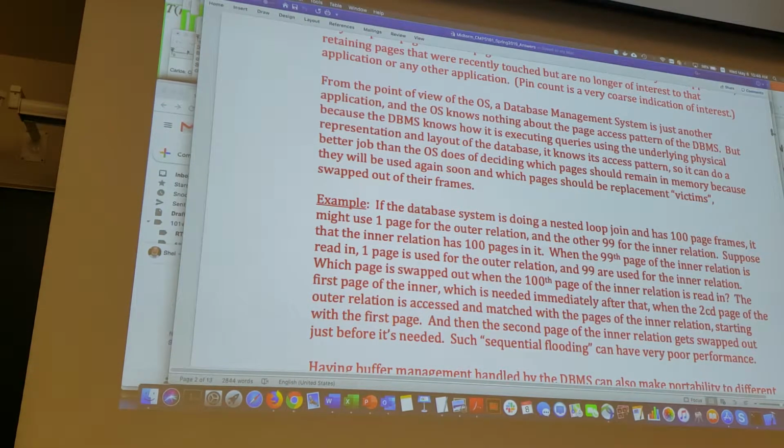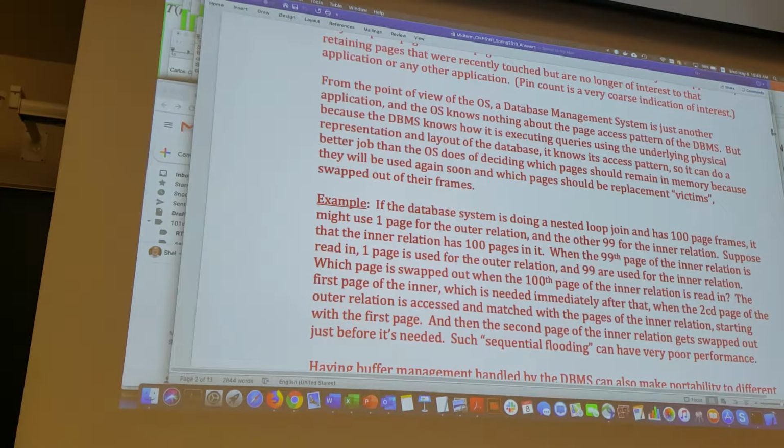If you have a situation with a nested loop join, where, as an example, you have 100 page frames, you have one frame that holds your outer page, you have 99 more pages for the inner, and in a really spectacularly bad kind of flooding, sequential flooding case, you have the outer page, and then you have the 99 inner pages, and then you have to be able to touch the 100th page, and what you'll do is you'll get rid of the first page that you're going to need next as part of going to the second page of the outer. You're going to go through the 100 pages, you'll get rid of the page that you need next, and that can really be very bad performance.